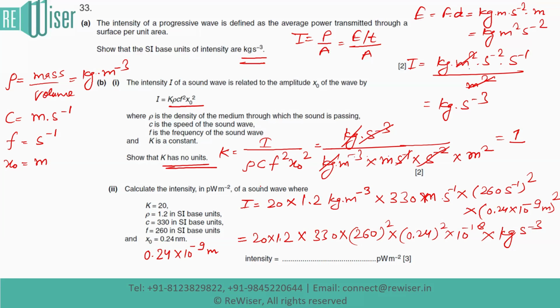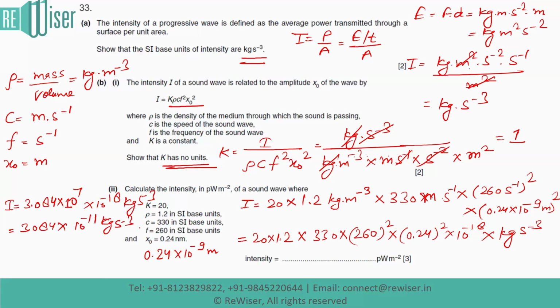So the value of I is 3.084 into 10 to the power 7, into 10 to the power minus 18, kilogram s minus 3. So that can be written as 3.084 into 10 to the power minus 11 kilogram s minus 3.